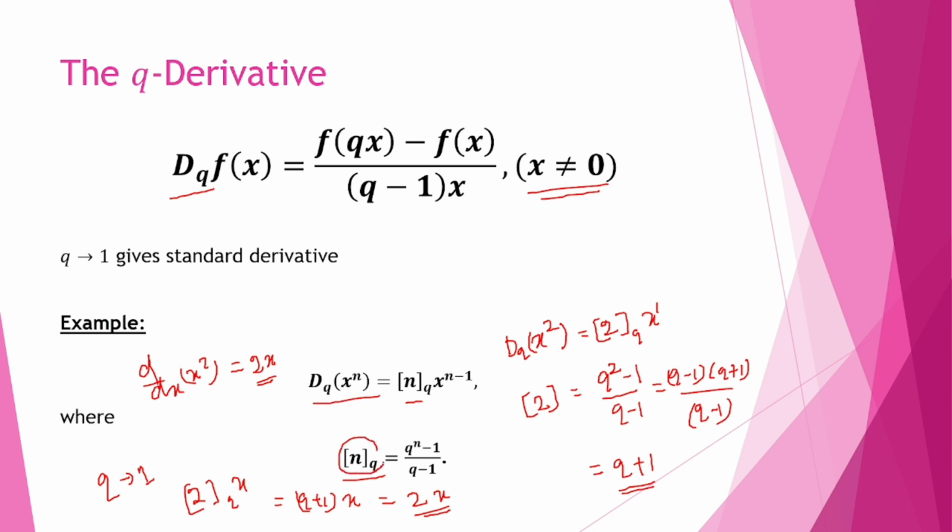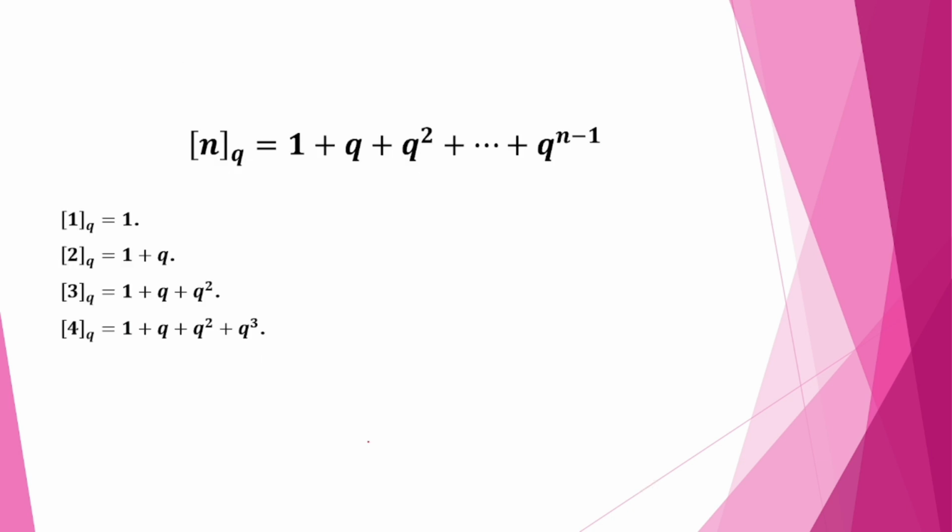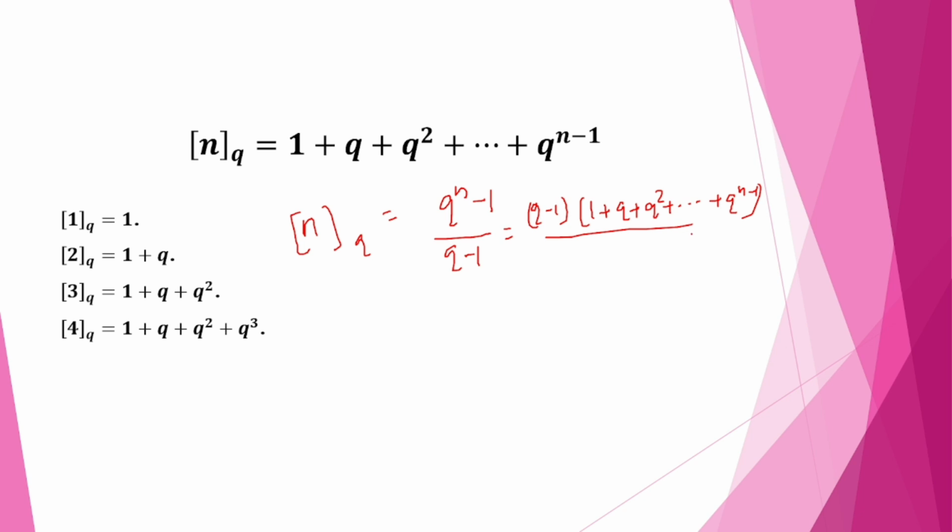Now we will generalize this nq. If n becomes 1, 2, 3, then what happens? So nq, as we have seen, is nothing but (q to the power n minus 1) by (q minus 1). Now if you solve it, it will be (q minus 1) into the expression 1 plus q square plus and so on, plus q to the power n minus 1, divided by (q minus 1).